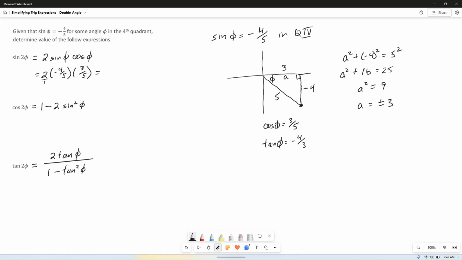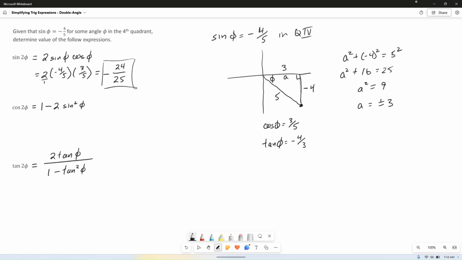So that's going to be 2 times 4 is an 8, and 8 times 3 is a 24. So we have 24 in the numerator. The fraction is negative because we have one negative. And in the denominator, I have a 1 and a 5 and a 5. So that's going to be 25. So the sine of 2 phi is going to be a negative 24 over 25.